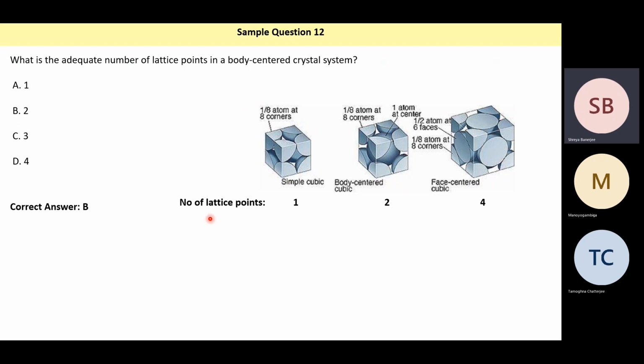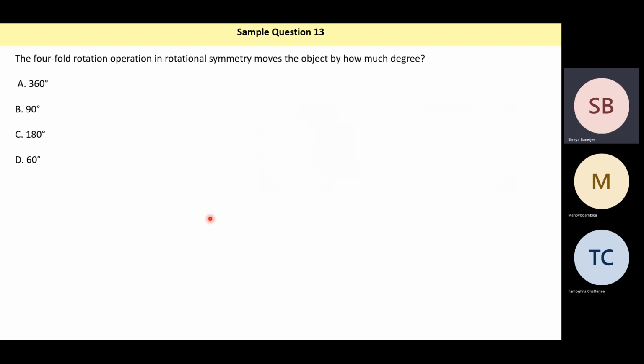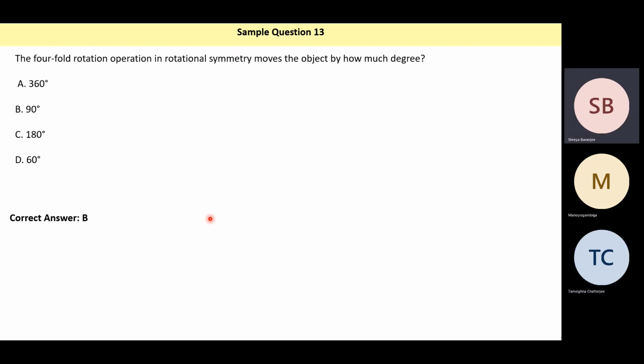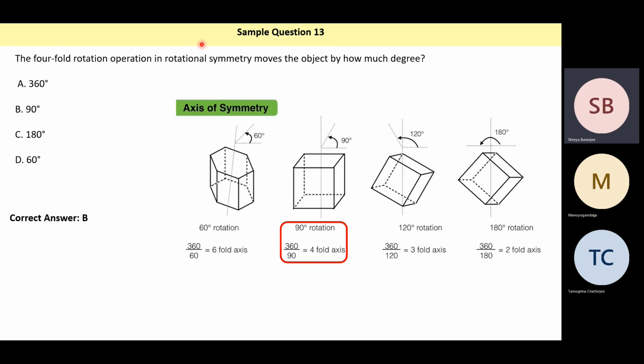And the final question for today is, the 4-fold rotation operation moves the object by how many degrees? 90 degrees. Yeah. So your answer is B. How this is calculated is that basically, if you have 360 divided by 90 degrees, you get 4-fold.